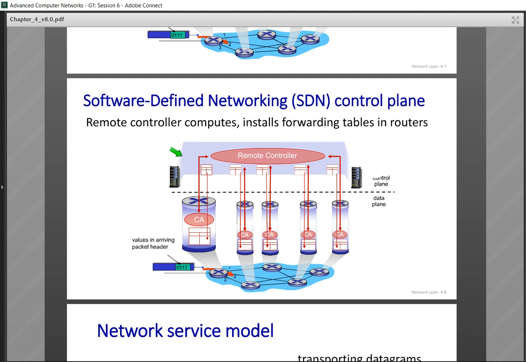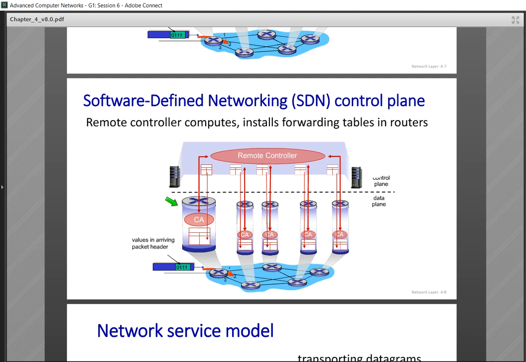Those servers think about the routes, finding paths. What does it mean? It means that in the future, routers will not have a control plane.